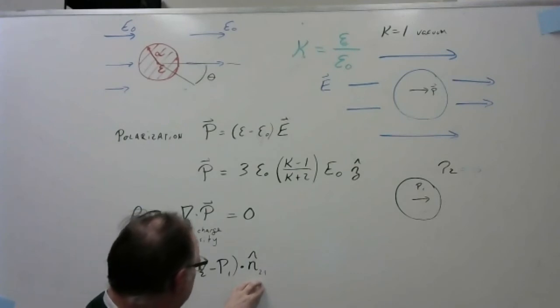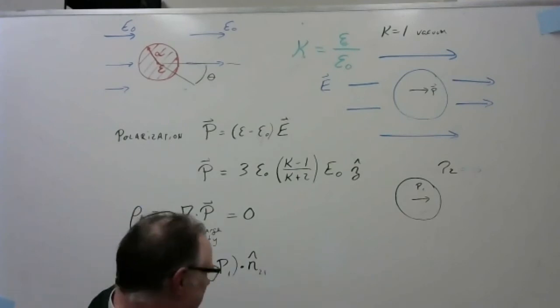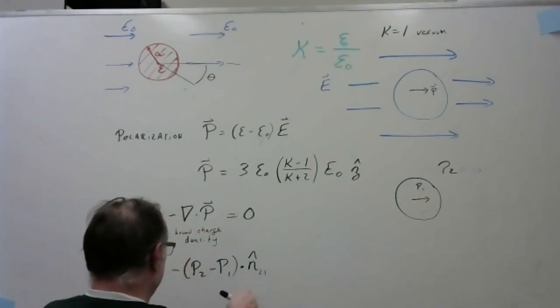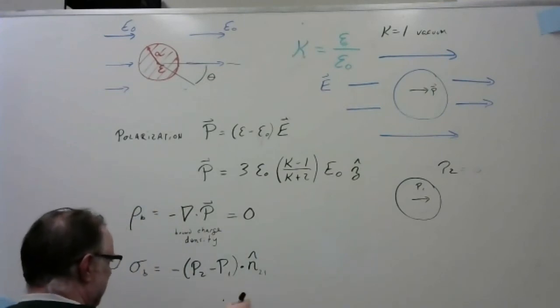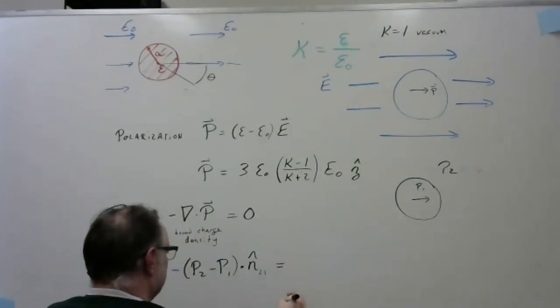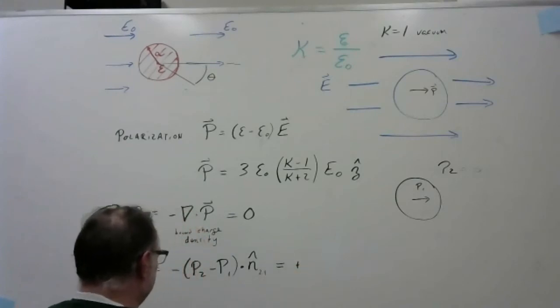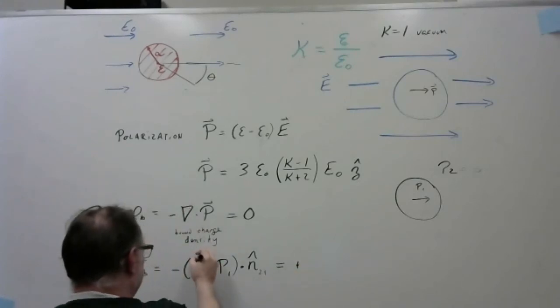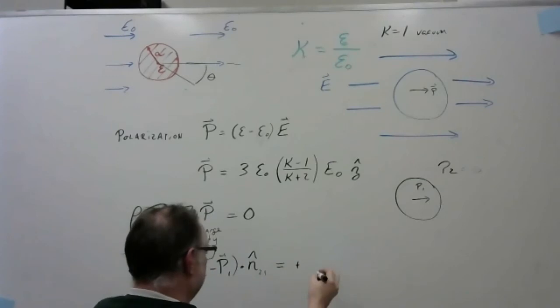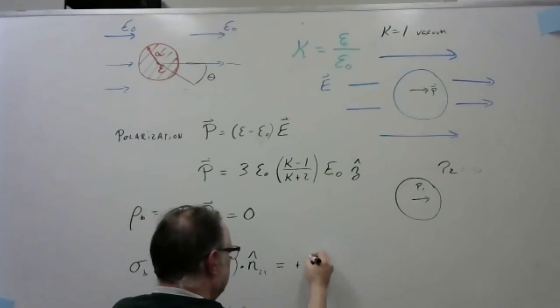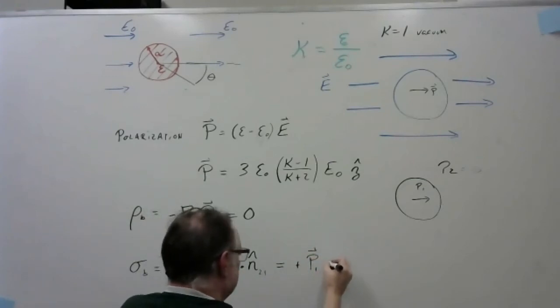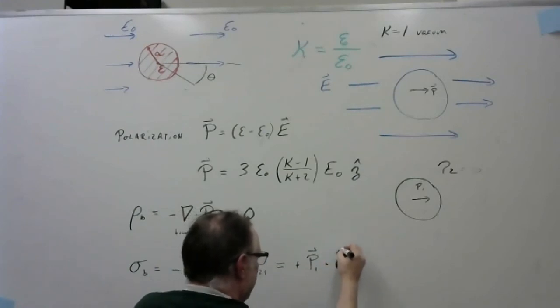So we're going to change that to P dot R over R. This is minus minus, so this is 0. So this is equal to positive P dot R hat.